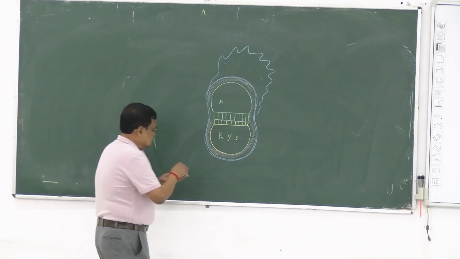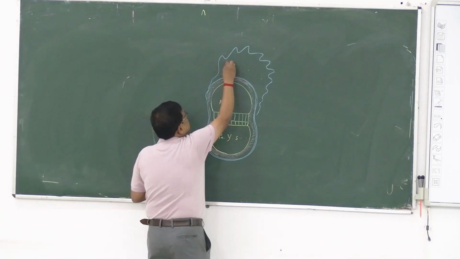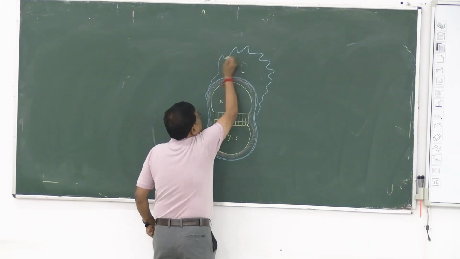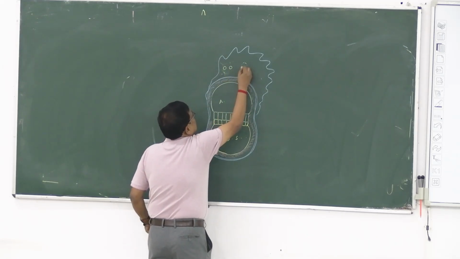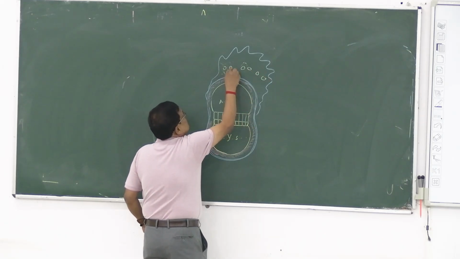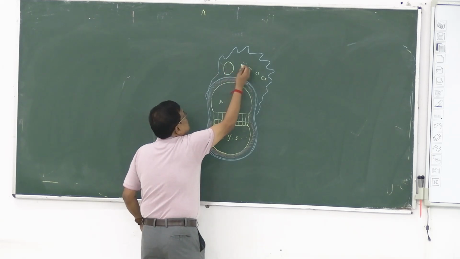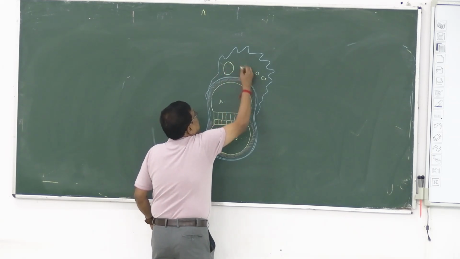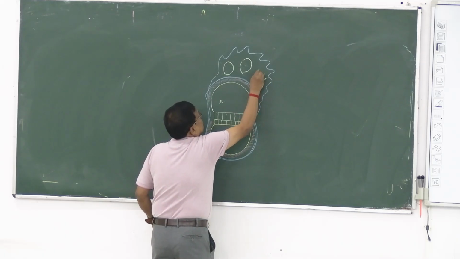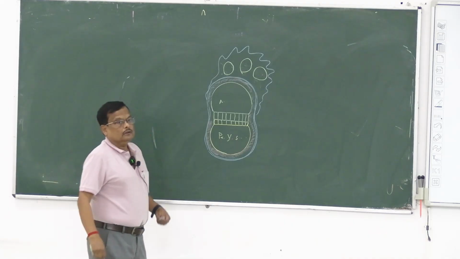Now in the syncytotrophoblast, spaces appear. First there are small spaces, and ultimately these spaces join to form larger spaces. These we call the lacunae.